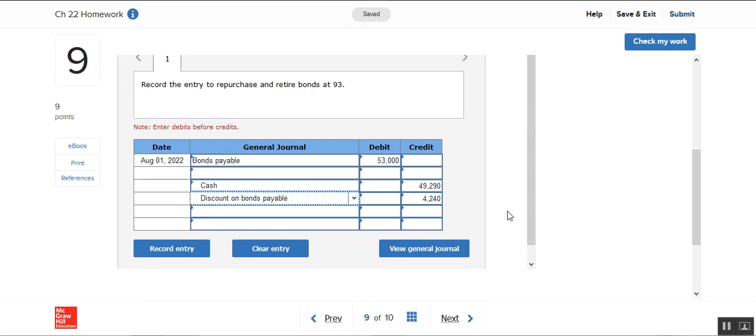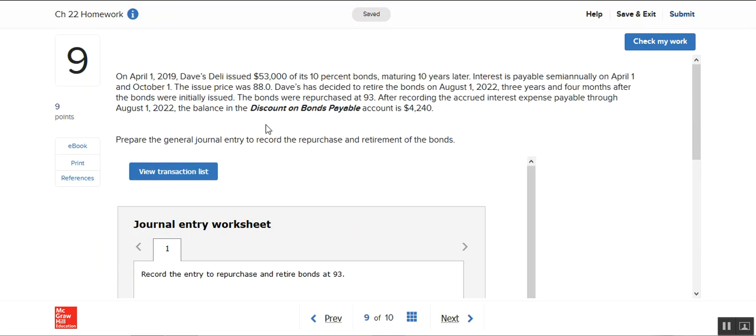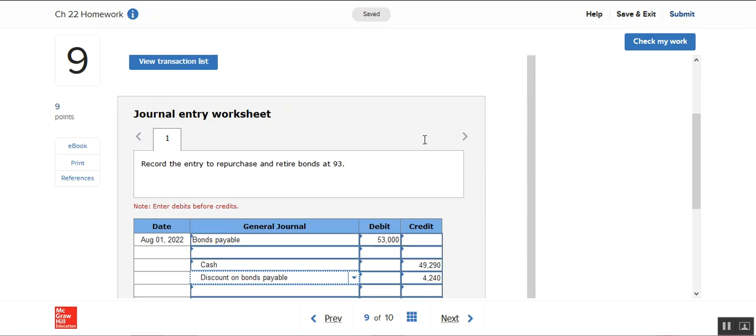That's actually how much cash we are paying out. That's just the face value of the bonds times the percent. Oh, that was the issue price. The repurchase is at 93, so we're going to use that.